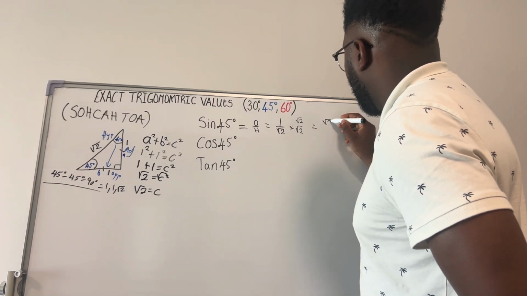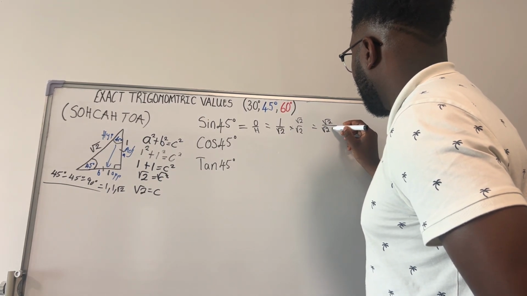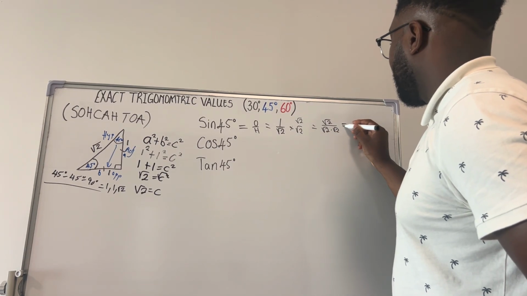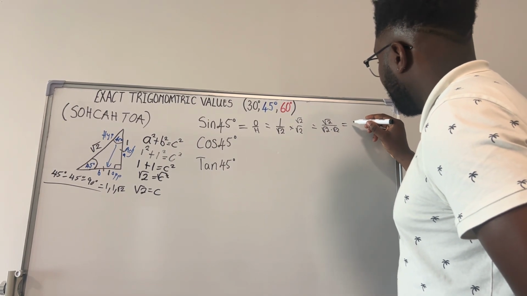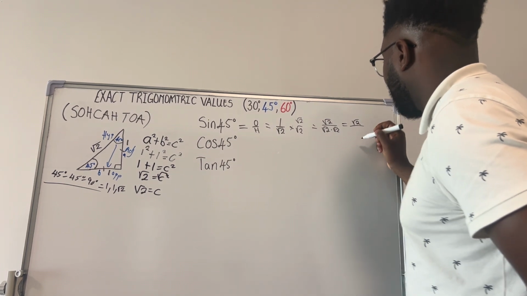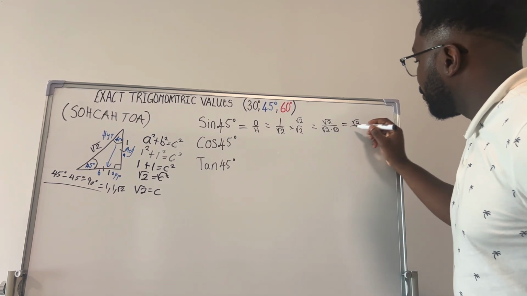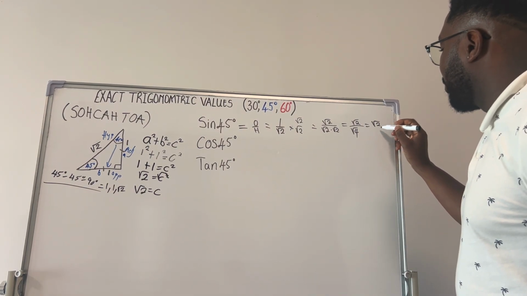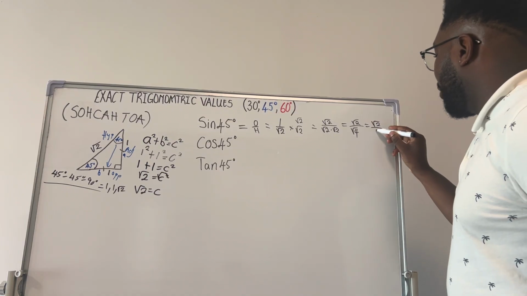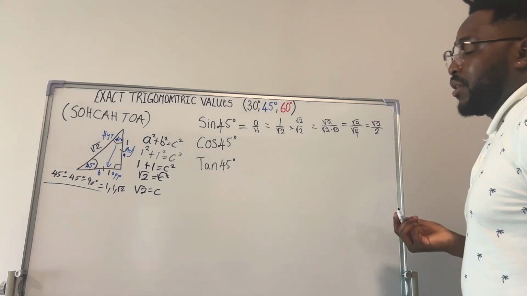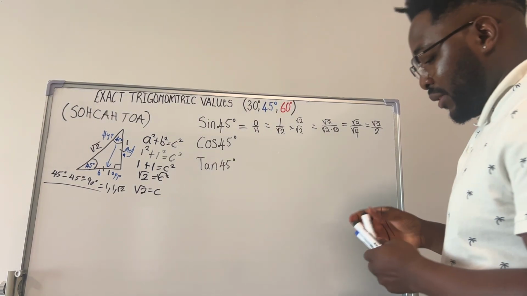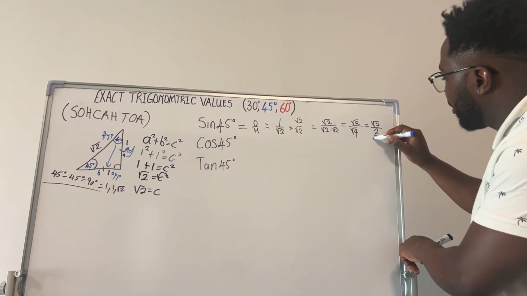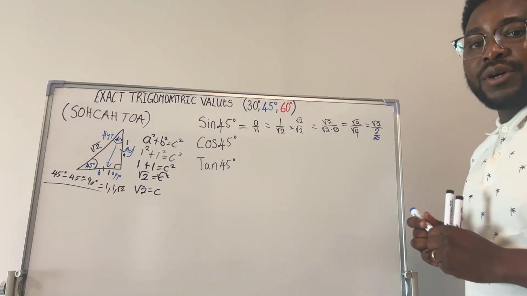Multiplying these two gives us the square root of 2, and these two give us the square root of 4, which is 2. So sine 45 is the square root of 2 over 2.